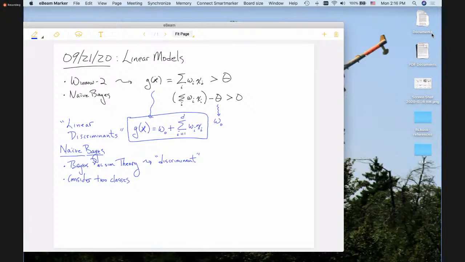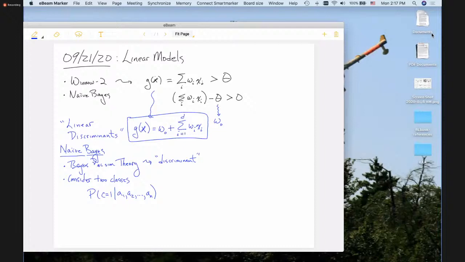And at the end, we can talk about whether or not we can generalize the idea to more than two classes. But you'll recall that the way Bayes decision theory worked was basically saying we were comparing the probability of a class, and we can go ahead and say that the class variable is equal to 1, given our vector of attributes.